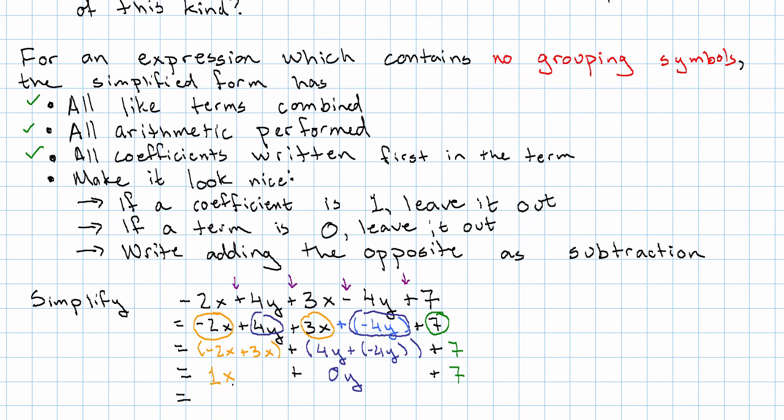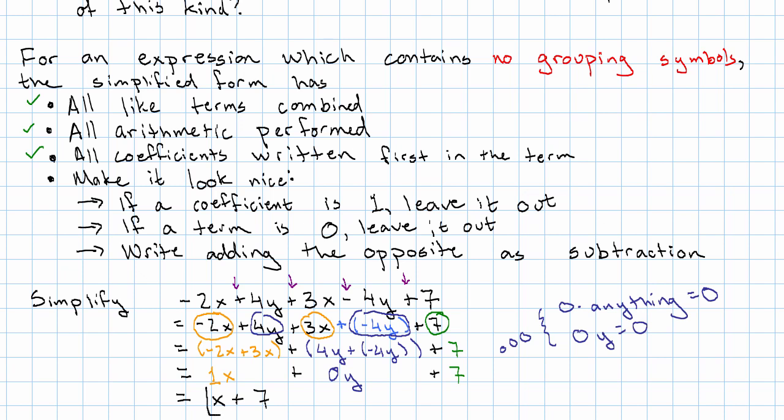Now I have 1x, coefficient is 1, so I leave it off. I have 0y. I'm thinking 0 times anything is 0. So 0y equals 0. That's a 0 term. I leave it out. Plus 7, there's nothing to do with.